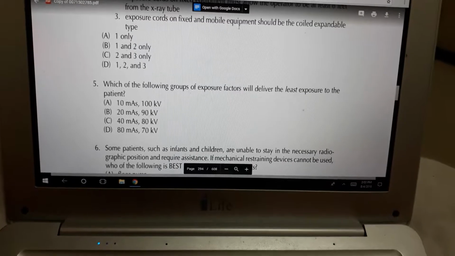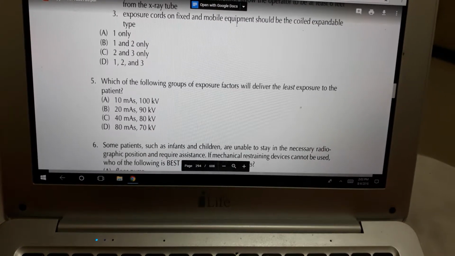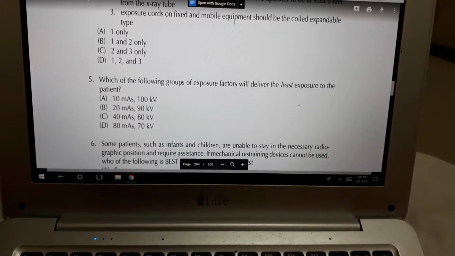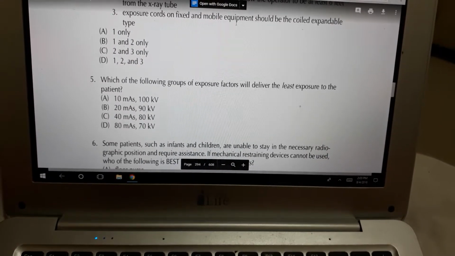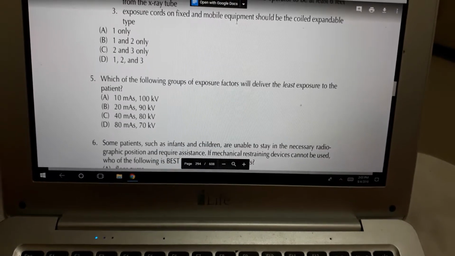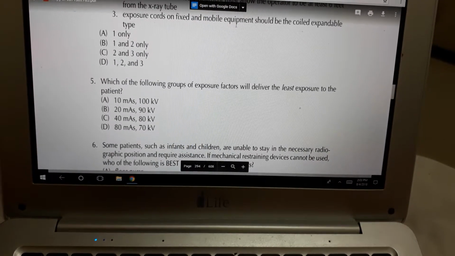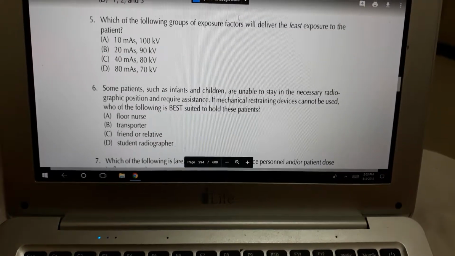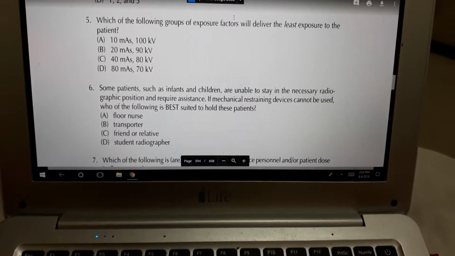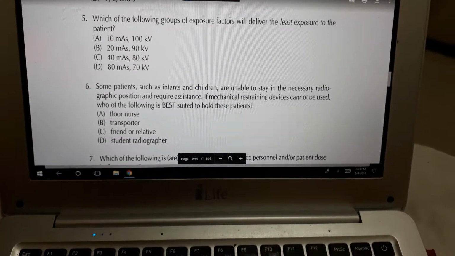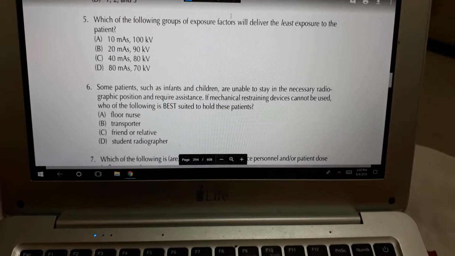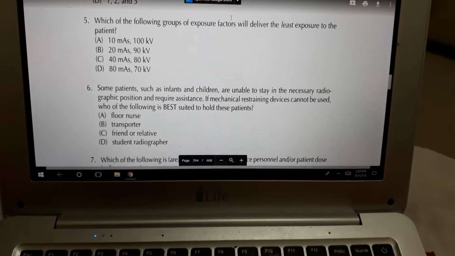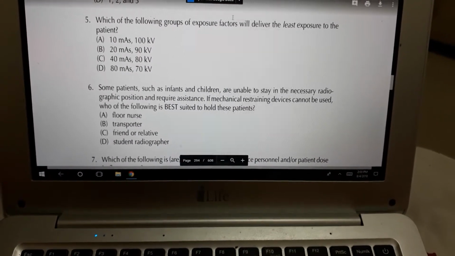And fifth, which of the following groups of exposure factors will deliver the least exposure to the patient? Least exposure means 10 mAs, 100 kV. Fifth is A. And sixth, some patients such as infants and children are unable to stay in the necessary radiographic positions required for assistance.